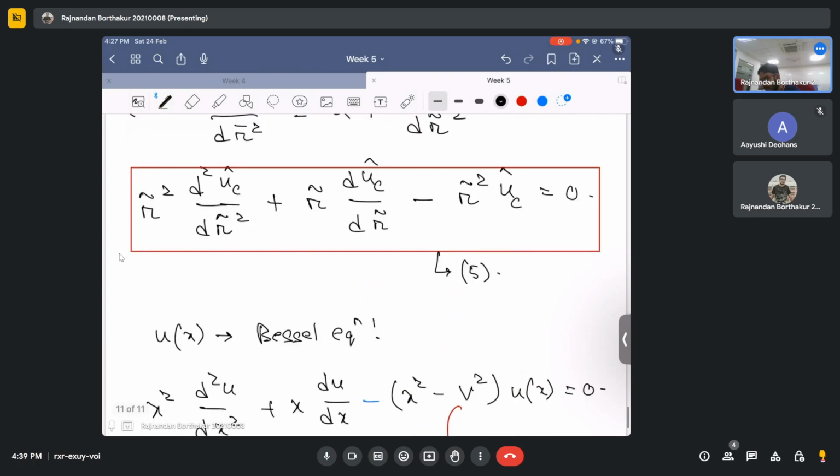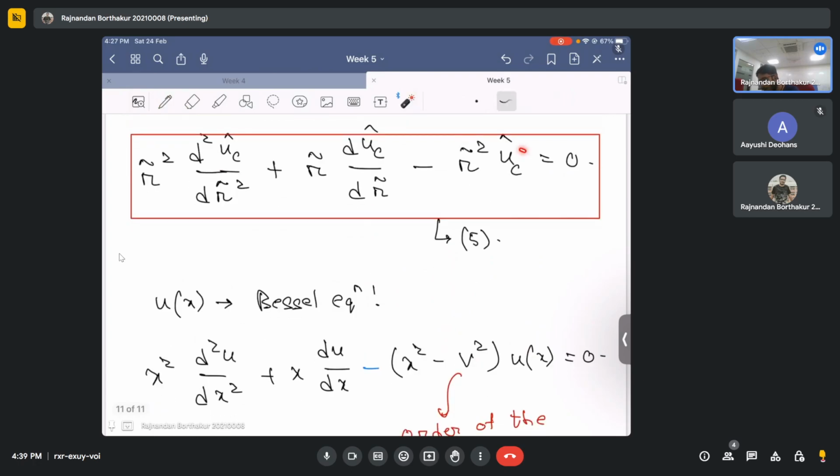Based on that, can you tell me what is the order of this modified Bessel equation? 0, exactly.